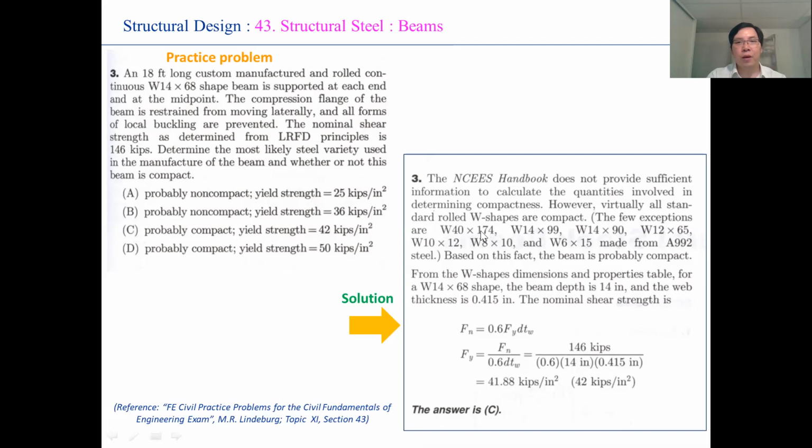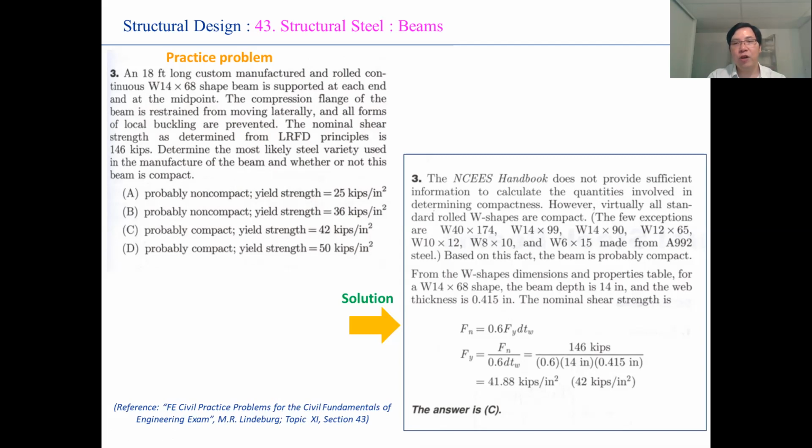So for the solution, you can see that from the W shape dimension and property table, for a W40x60A shape, the beam depth is 40 inch and the web thickness is 0.415 inch.